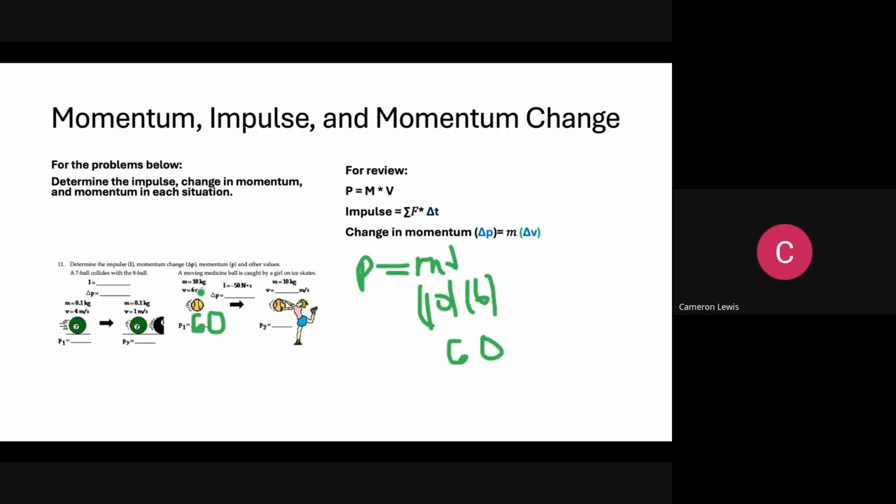Now, we said earlier, impulse is equal to what? Change in momentum. So if the impulse is negative 50 newtons per second, then the change in momentum must also be negative 50, right?